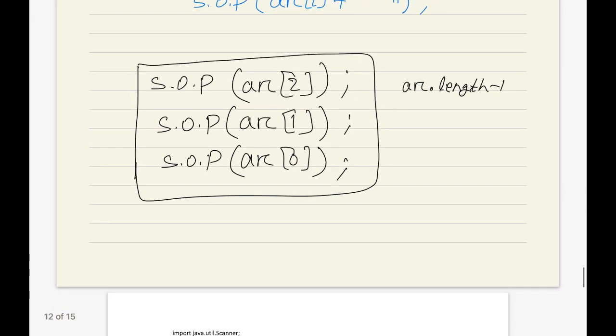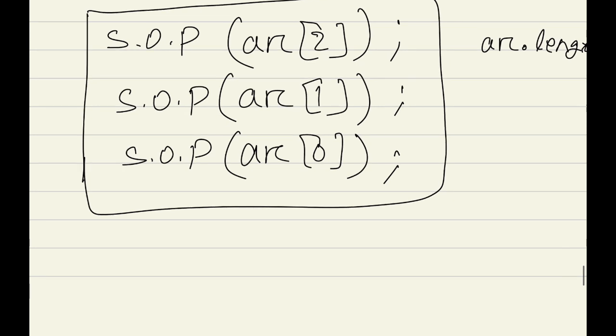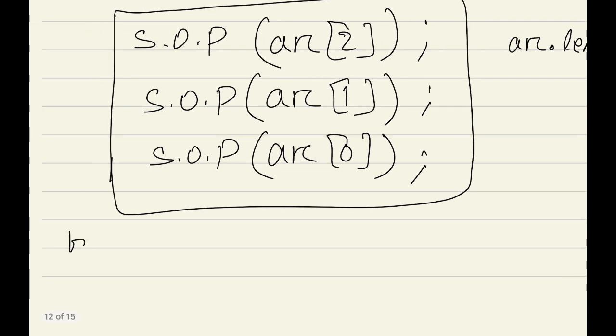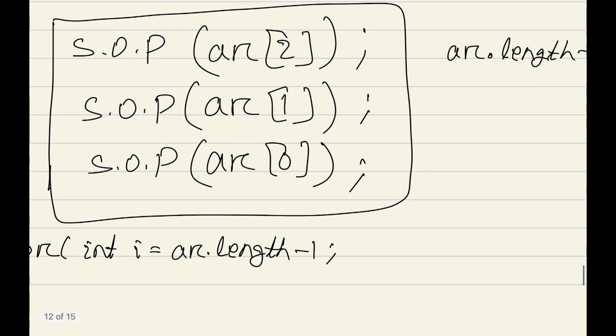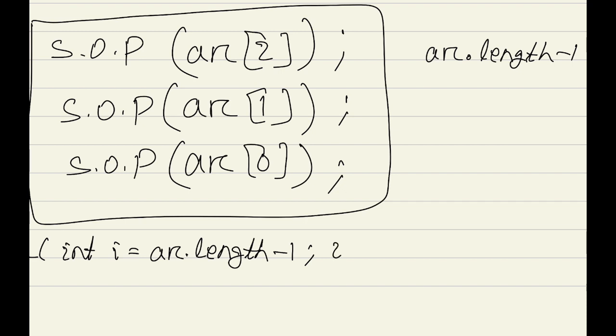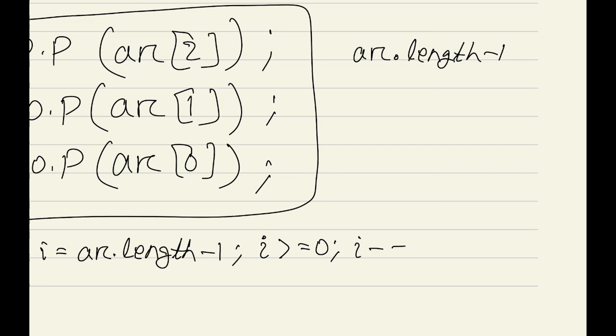So if we want to write this inside a loop, we can write like this: for int i equal to ar.length minus 1, then i greater than or equal to 0, i minus minus.